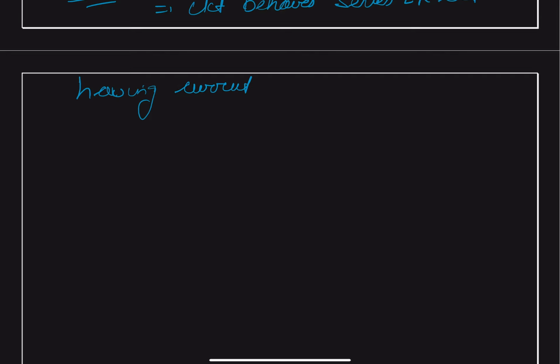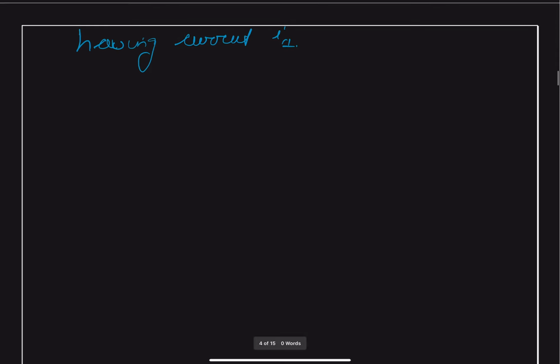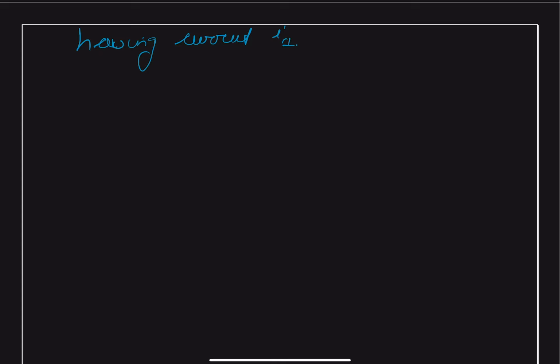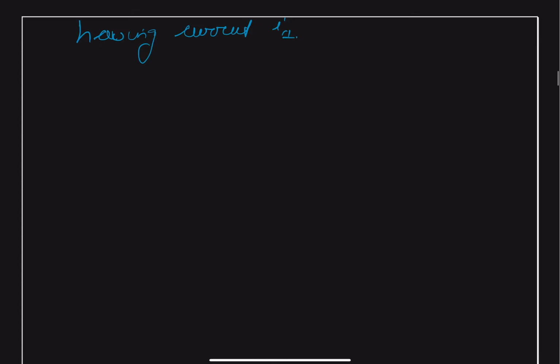The current will now be an exponentially decaying current because the bar stopped moving. So you can say the current decays exponentially.